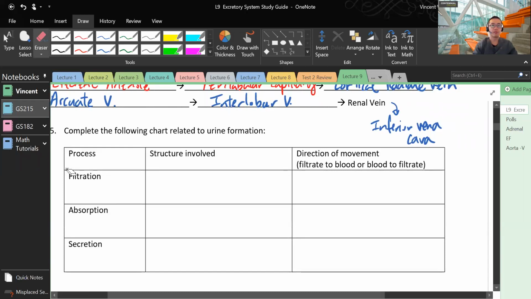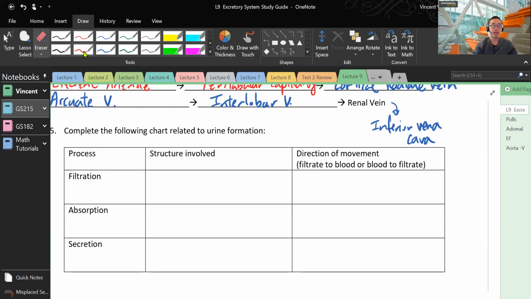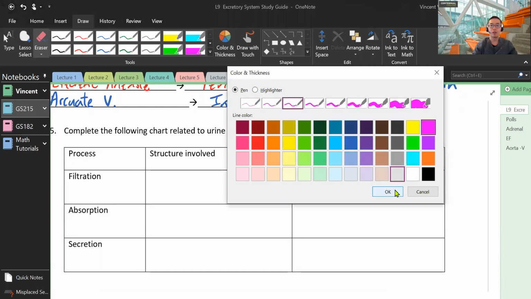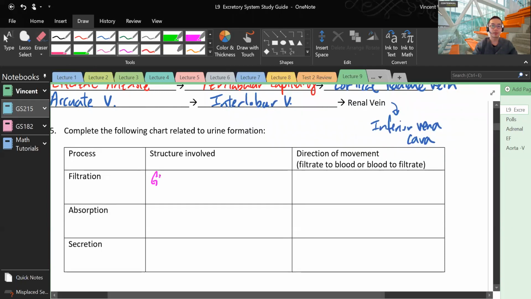Okay, so the filtration process is going to involve the glomerulus, plus the Bowman's capsule.